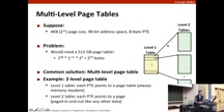And then there's a sequence of level 2 page tables, and they're all the same size, right? The first level 1 entry points to the beginning of the first level 2 table. So it contains a physical address that points to the base. The second level 1 entry points to the second level 2 table, and so on.